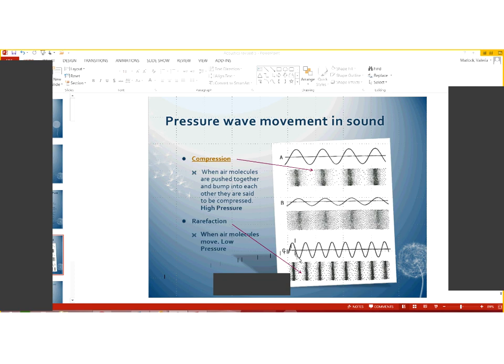But let's say that I introduced a 1,000 hertz sound to you and a 1,000 hertz sound to someone else. You may judge that sound to be low in pitch. The second person may judge that sound to be high in pitch.